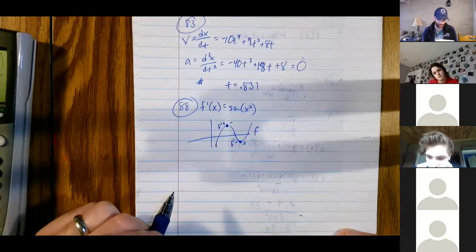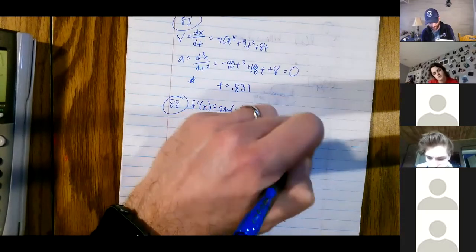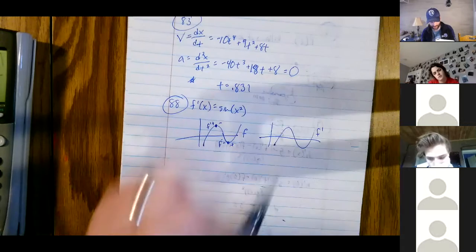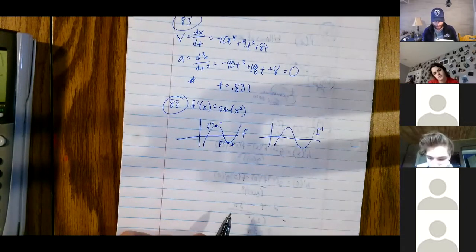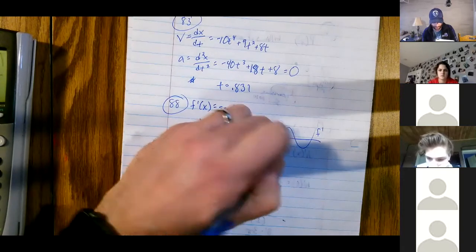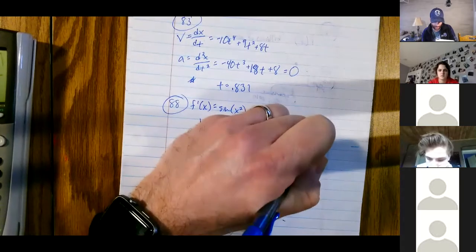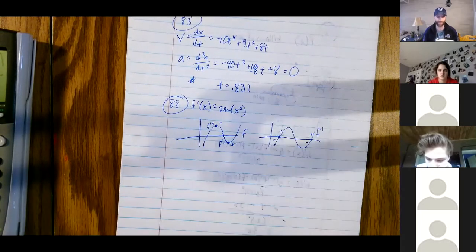But if I'm looking at a graph of f prime, a local minimum on f is going to be right here at this x value because f prime changes from negative to positive, or here because f prime changes from negative to positive.